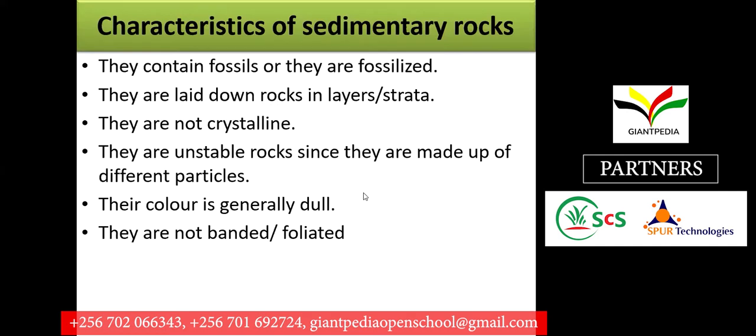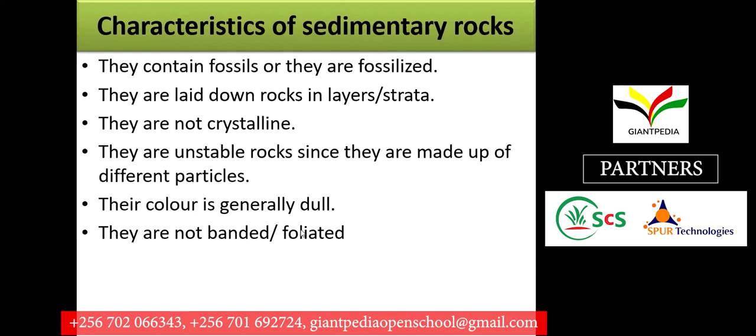Stratified. They are stratified. Then also when we say that they are not banded or foliated, foliations are characteristics of other types of rocks, not of sedimentary rocks. There are some kind of lines which show that these rocks were compressed.